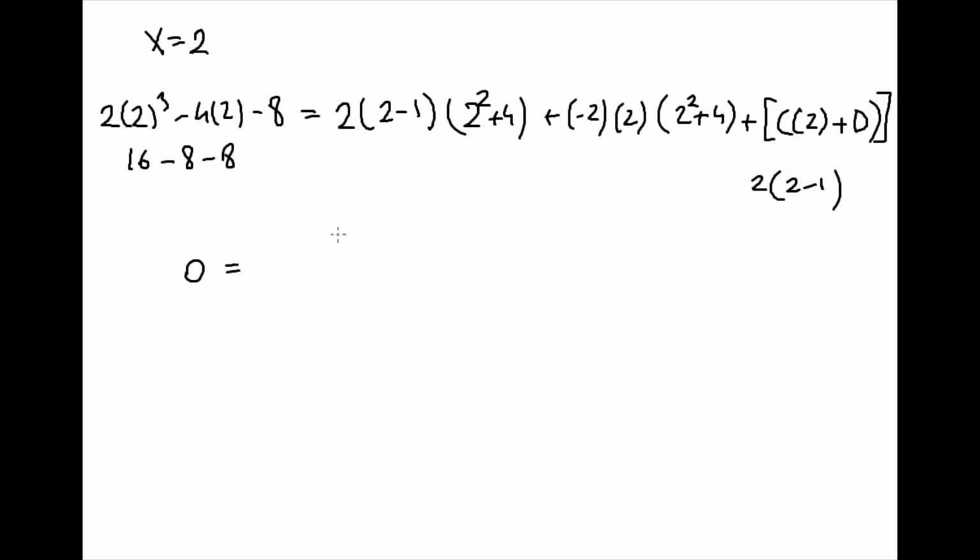Negative 16, positive 16. Here we have 2 squared plus 4 is 8. And 2 minus 1 is 1. 1 times 2 is 2. And 2 times 8 is 16. Plus 2 squared is 4. 4 plus 4 is 8. 8 times 2 is 16. 16 times negative 2 is negative 32.